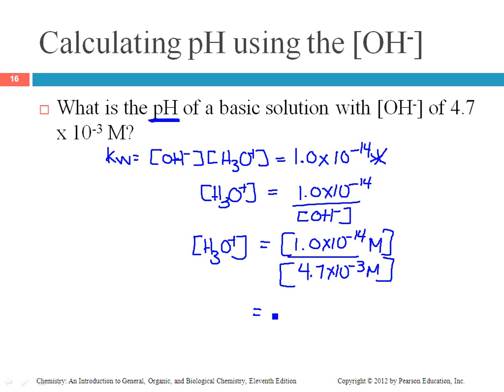And so we end up getting 2.1 times 10 to some power. I was looking at significant digits here. We've got 2 in both, so we should have our answer in 2. So this gives us the hydronium concentration. And now if we take the negative log, we can find the pH.